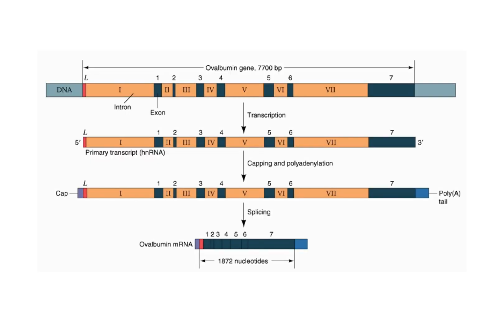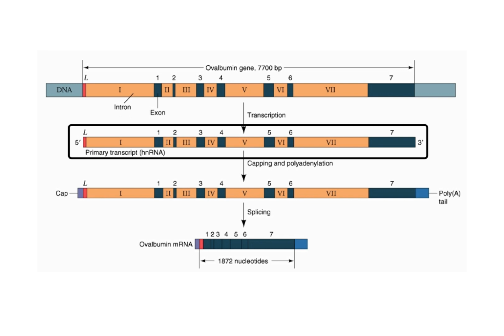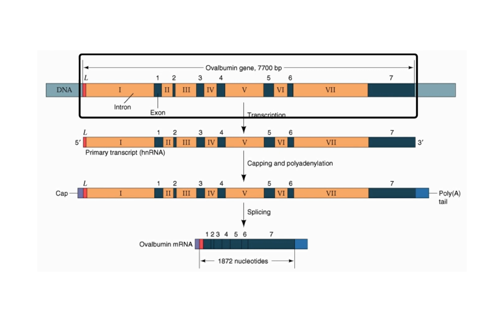So here's one example in the case of ovalbumin with its 7 exons and 6 introns, as well as a 3' untranslated region and a 5' untranslated region as well. So here's the gene itself.